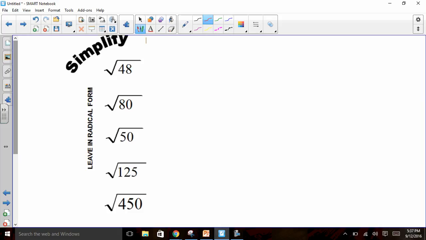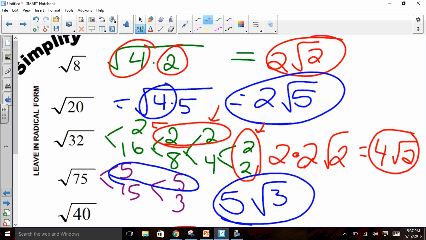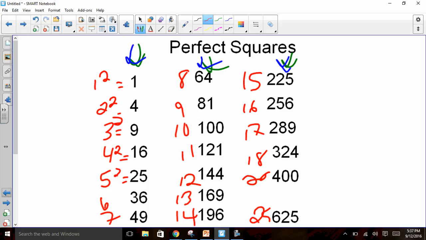So this first one, I'm going to look at my perfect squares. I'm going to think of the 2 numbers that multiply together to give me 48, one of them being on that perfect squares list. So I'm going to go back and look for one of the numbers in black that divides into 48.